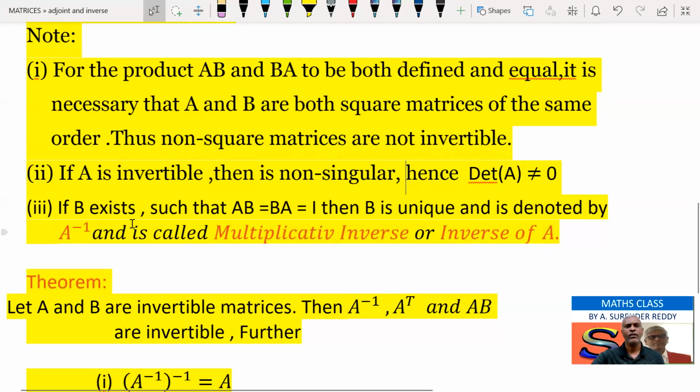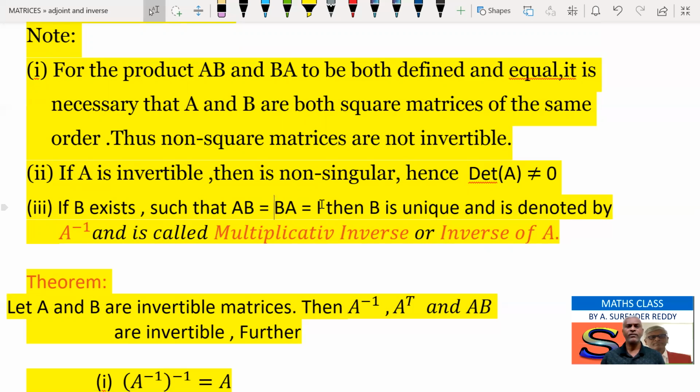If B exists such that AB is equal to BA is equal to I, then B is unique and is denoted by A inverse and is called the multiplicative inverse or inverse of A. AB is equal to BA is equal to I, where I is a unit matrix.